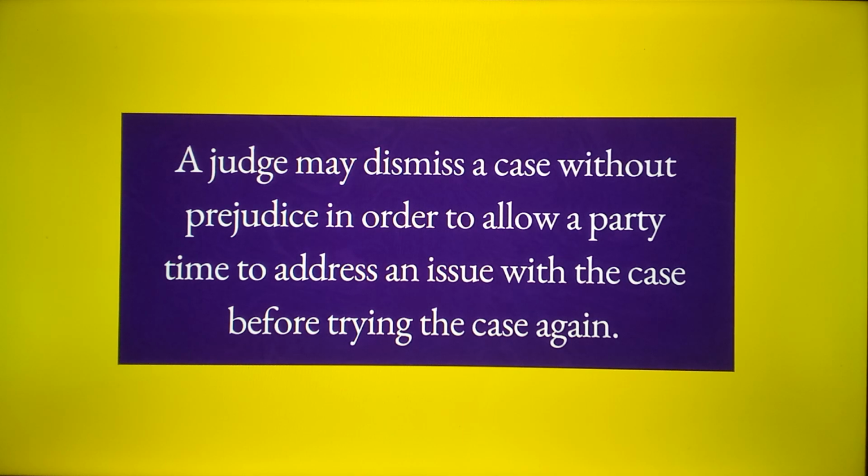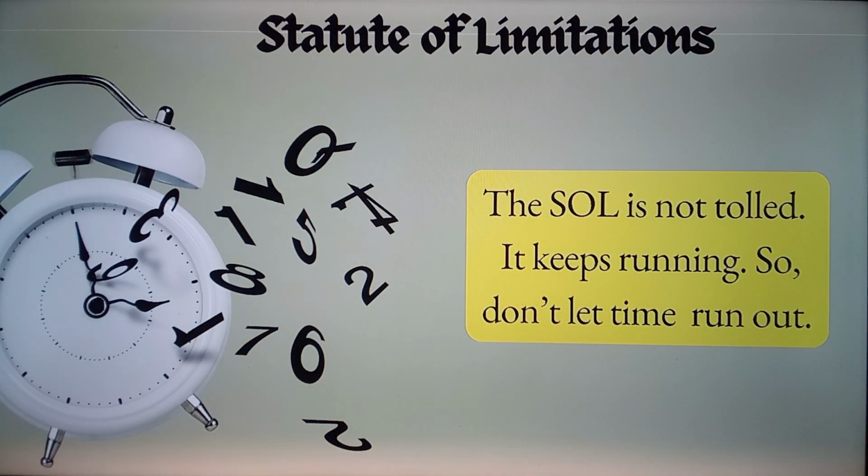What am I saying? If the plaintiff is going to refile the claim, it must be filed within the statute of limitations. In other words, the statute of limitations is not tolled. It keeps running.